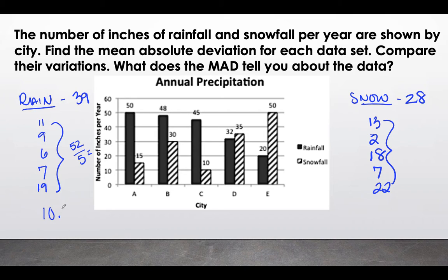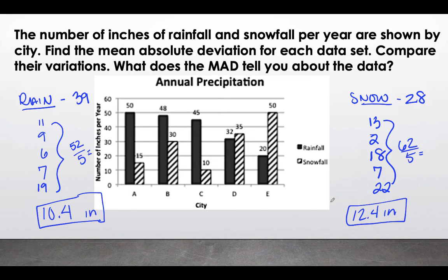This gives us a mean absolute deviation of 10.4 inches for the rainfall data. And these add up to 62. And 62 divided by 5 is 12.4. So that gives us a mean absolute deviation of 12.4 inches.